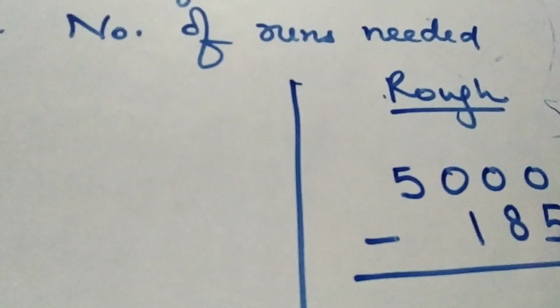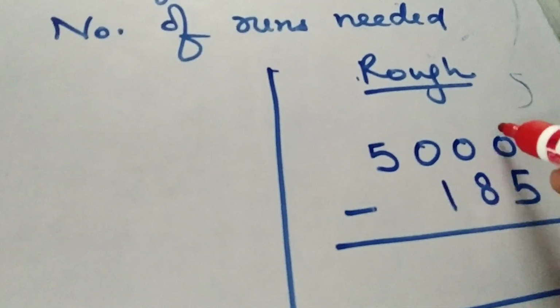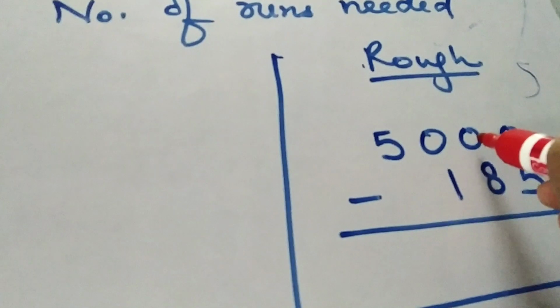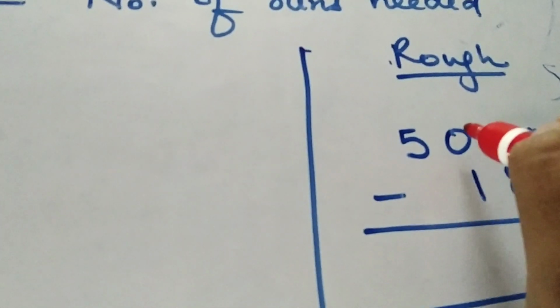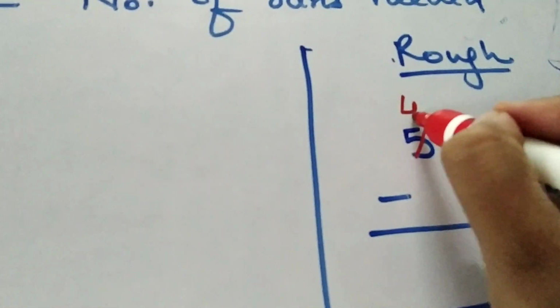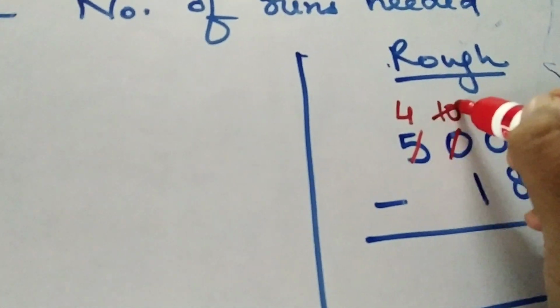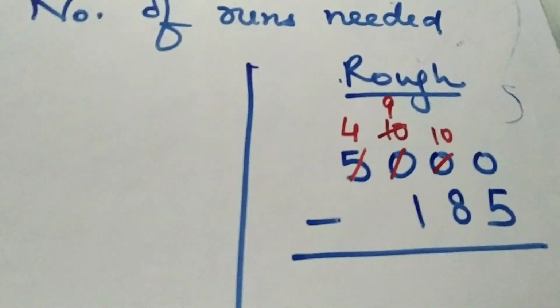Now let's subtract it. From 0 I cannot subtract 5, right? So 0 will go and borrow from here, but if he also does not have anything to give, he will go to his neighbor to borrow. He also does not have anything, so he'll go to 5 to borrow. 5 has, so he will give 1, it will become 10. Then after becoming 10, it will become 9 and give 1 here.